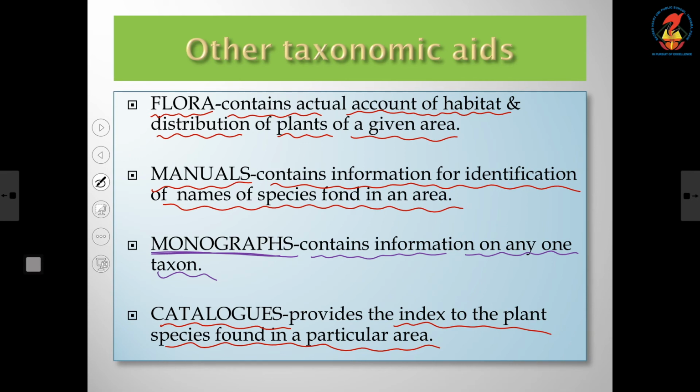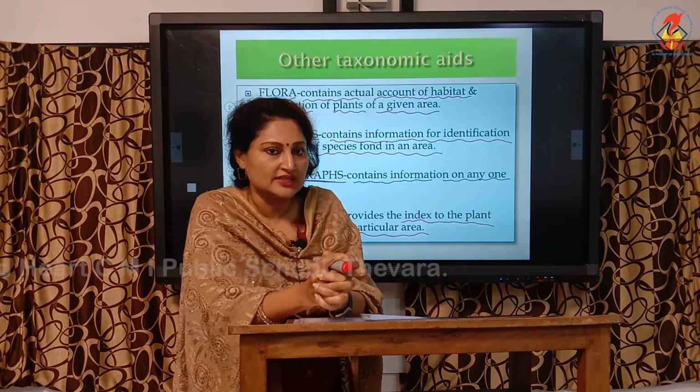It is the index of the plant species found in a particular area. Just look at the index and you will have a quick idea of all the plant species available in that particular area. And a monograph is irrespective of the area; it deals exclusively with one particular taxon, all the information related to one particular taxon. I hope you have understood today's class.